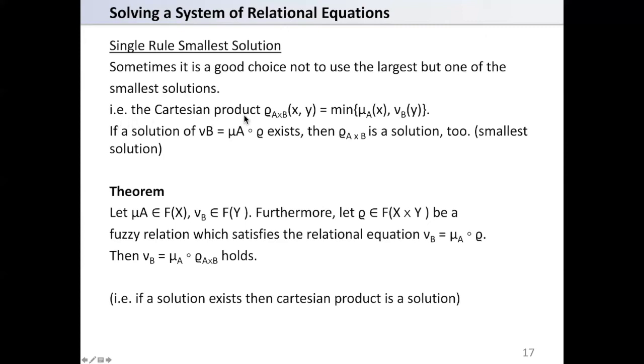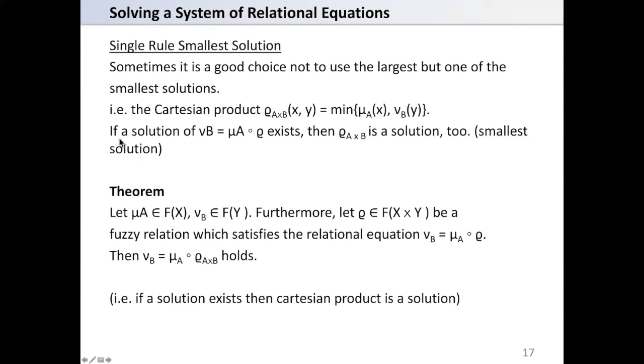That is the Cartesian product on A, B, the relation Cartesian product, which is the minimum of the membership on A and membership on Y. If a solution of membership on B equal to membership on A composition with the relation rho exists, then the relation Cartesian product is a solution too.